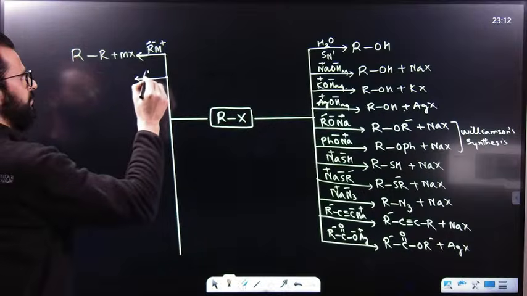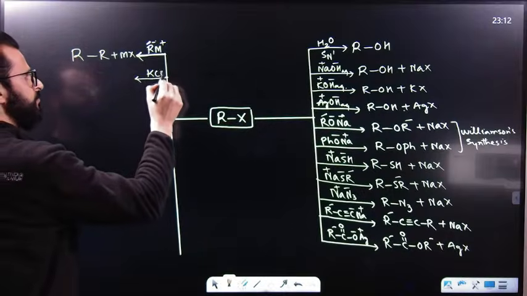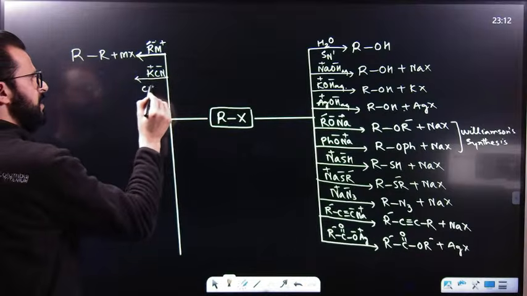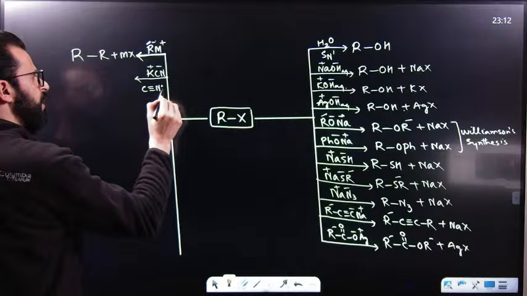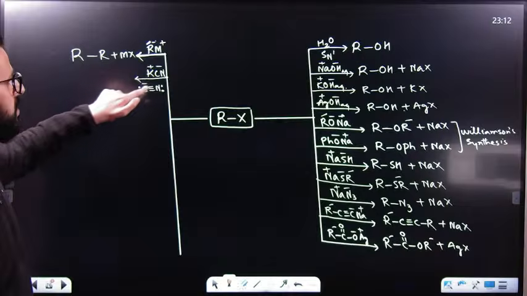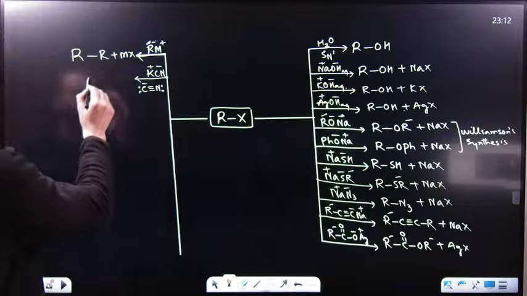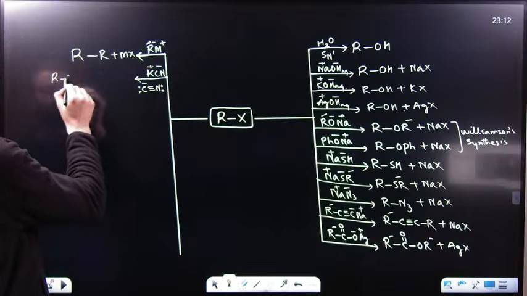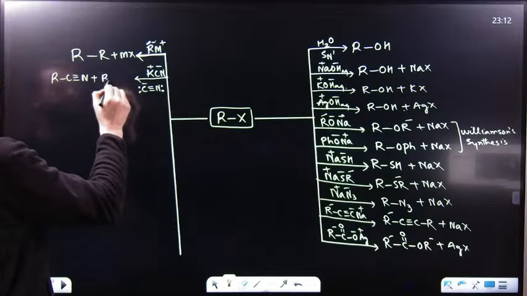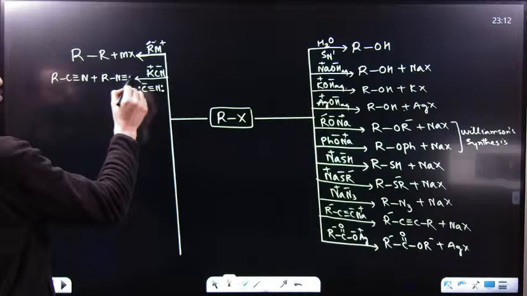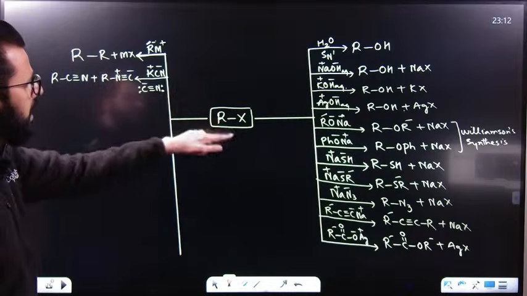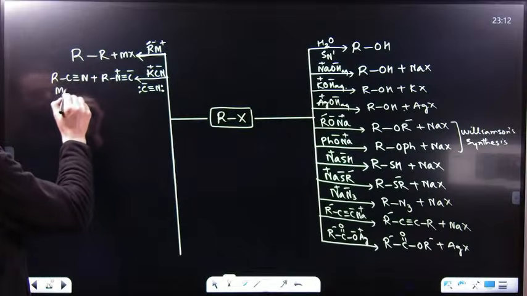After that, if you are having KCN, remember K positive CN minus, but CN minus is an ambidentate nucleophile. What is meant by ambidentate nucleophile? Different donor sites are there. So C will attack and it will result in the formation of RCN, or N will attack, it will result in the formation of RNC with a positive charge on N, negative charge on this C. And KX will be lost, but RCN is the major product.